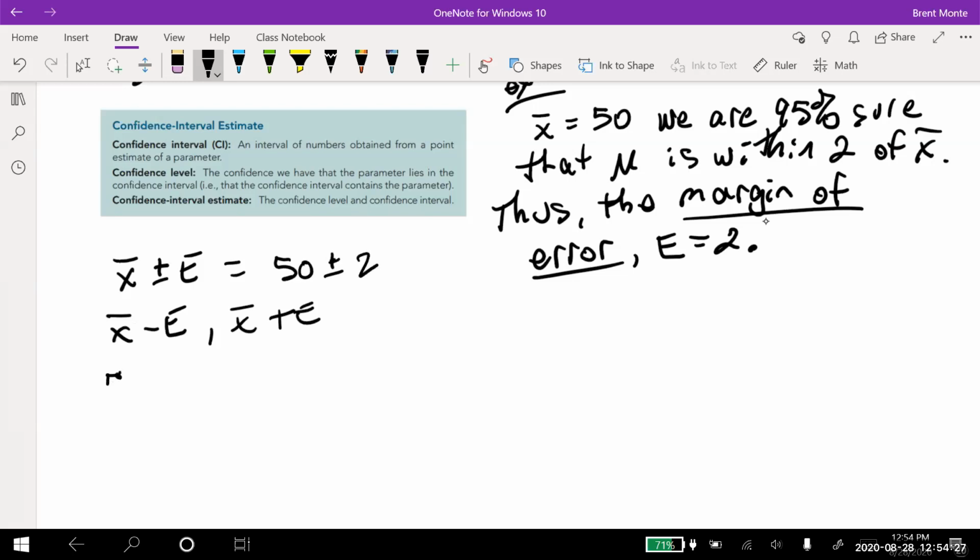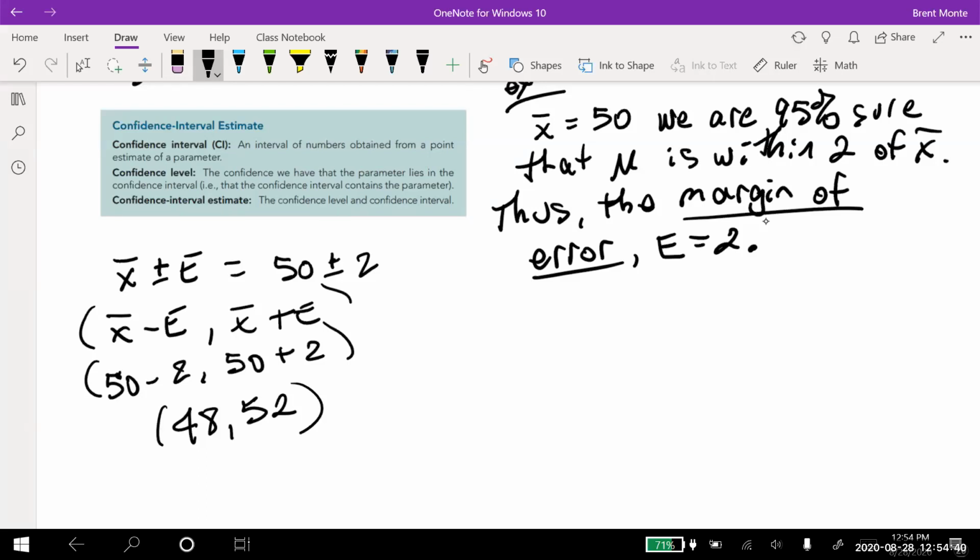So I go 50 minus 2 to 50 plus 2. That's going to be my confidence interval. And so we think the actual value of mu, the population mean, is somewhere between 48 and 52. Are we sure it's in there? Well, I'm 95% sure it's in there.